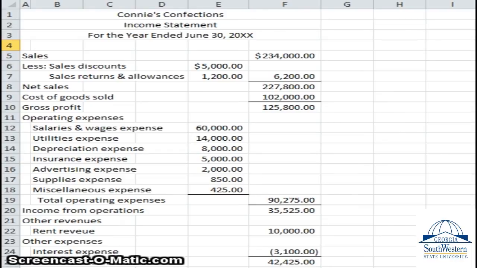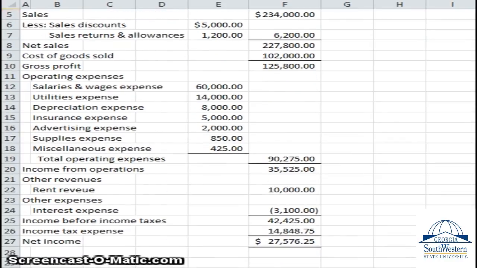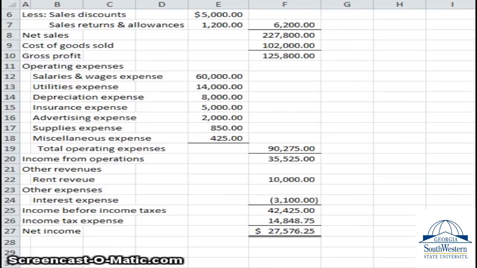So we take those other revenues and add them. We take other expenses and subtract them. If you had several of each, you'd subtotal it. You'd list them in here in this column and subtotal them and then put the total out to the right hand side. But we only had one in each category, so we just went ahead and listed it out here in the totals. All right, when you subtract those from income from operations, you get income before income taxes.